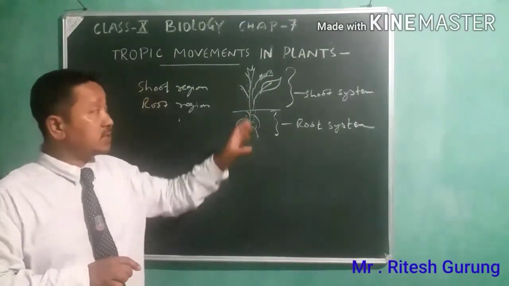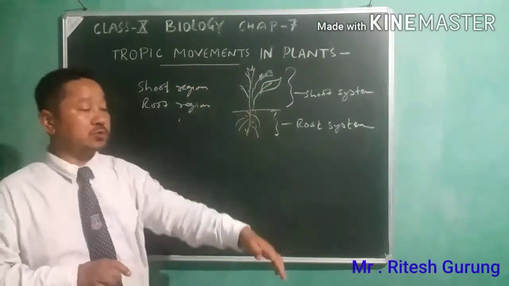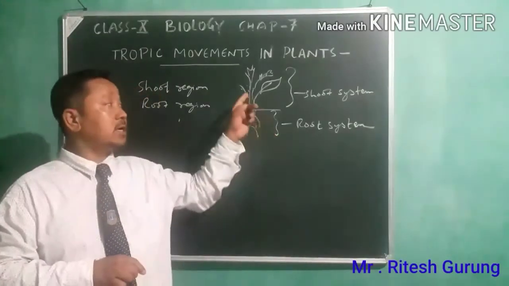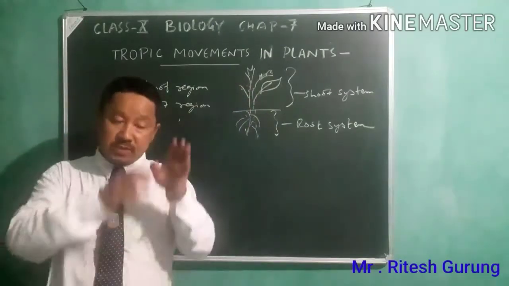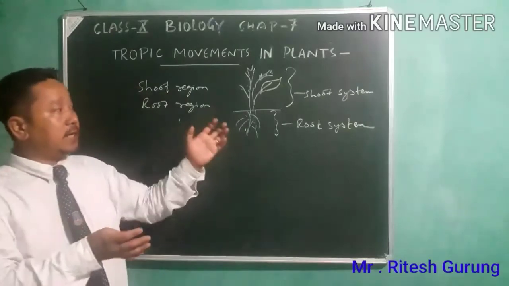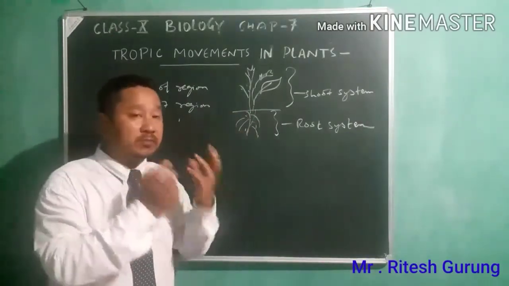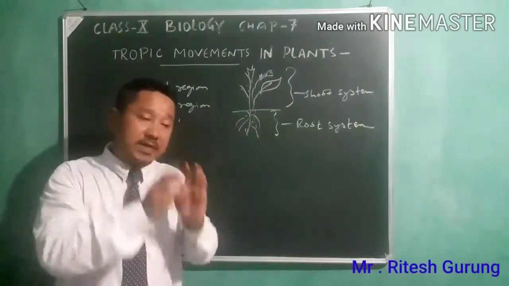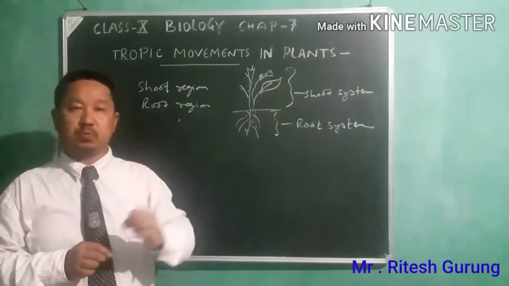So it must grow towards the source of light, and towards the place where water is, and also support the plant to fix itself to the soil. That means the direction is fixed here. If they go in another direction, something wrong will happen in the plant's life. The direction should be correct for their movement, for their response.